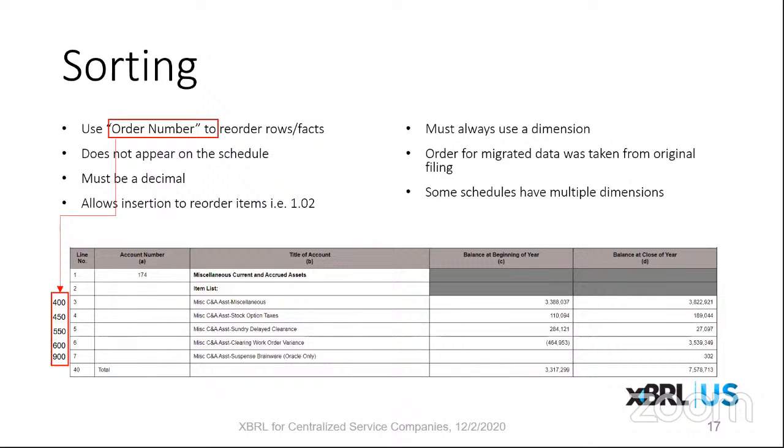This sorting was introduced for the FERC reporting, because it was felt that filers wanted to be able to control how their forms rendered, just to make it easier to review. So if you go and look at the FERC website, and download some of your prior year filings in an XBRL format, you'll see order numbers have been added to all of those. What those order numbers are is kind of meaningless.